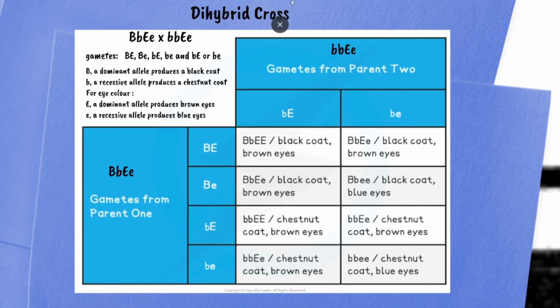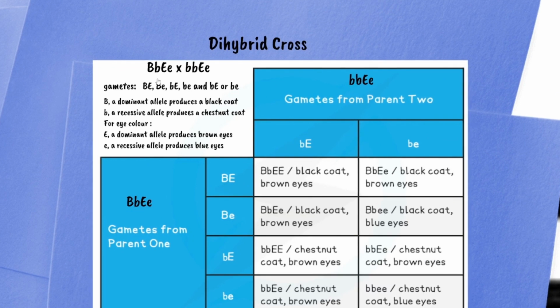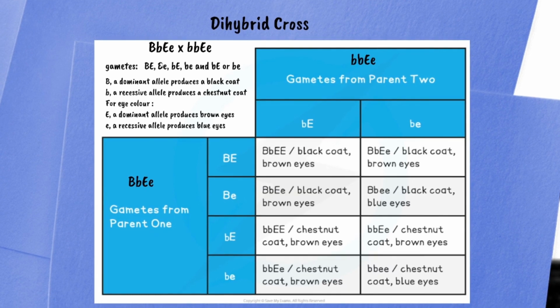Now, how to create these? What is going to happen here is that we're going to combine this capital B with a small b, this small b with this small b, and I'll show you.